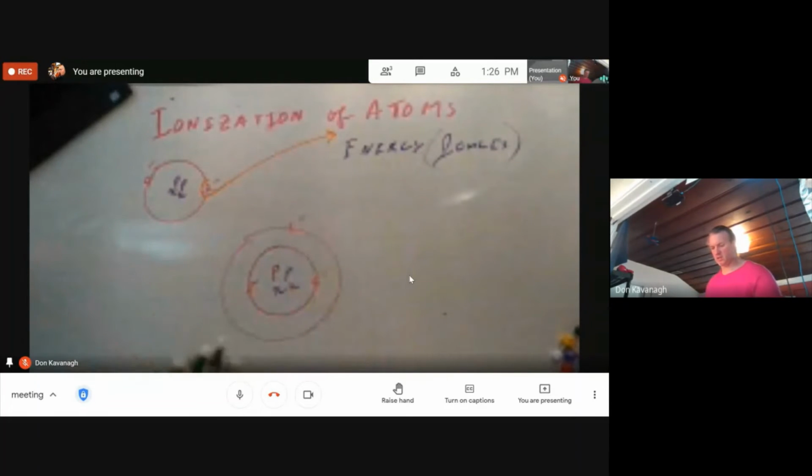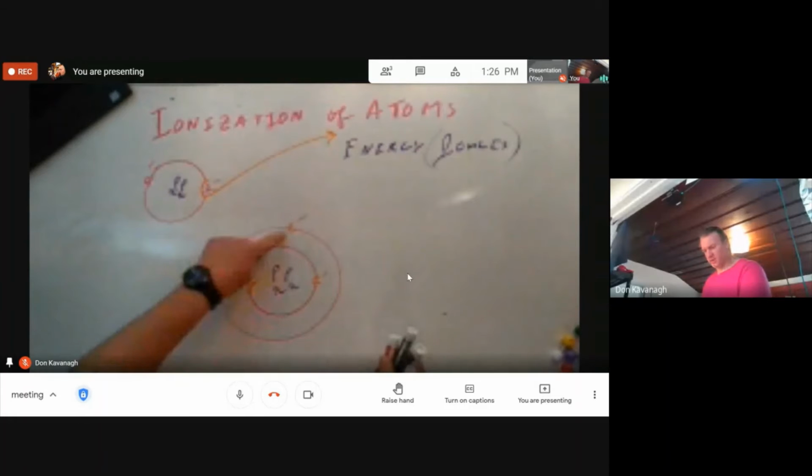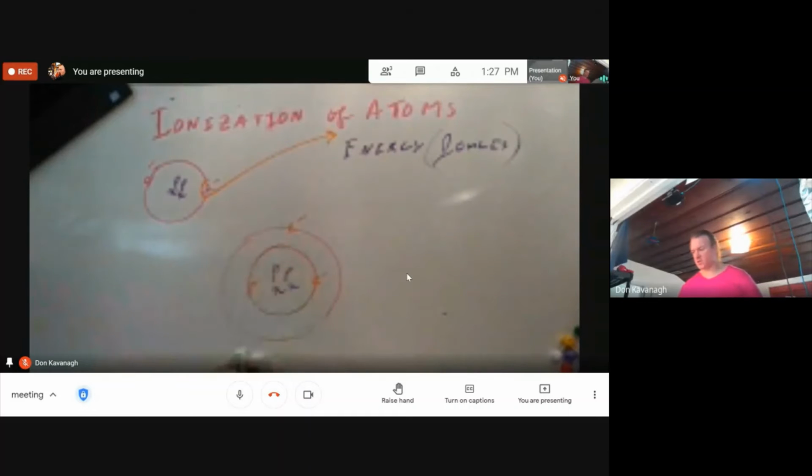These helium atoms have identical nuclei, the same number of protons and number of neutrons. This electron is going to be the one that is ionized because it is the outermost electron, the valence electron. And this is what is creatively called the first ionization.